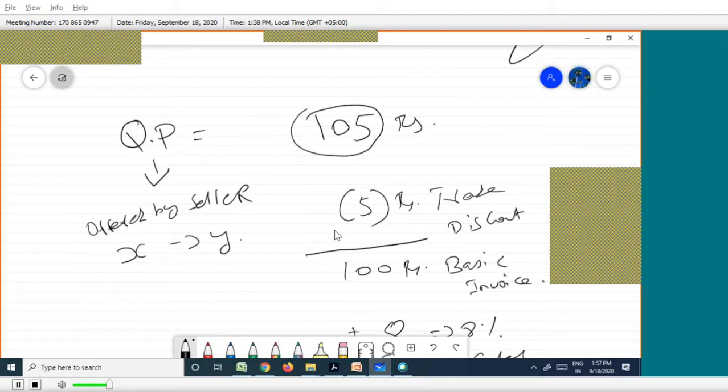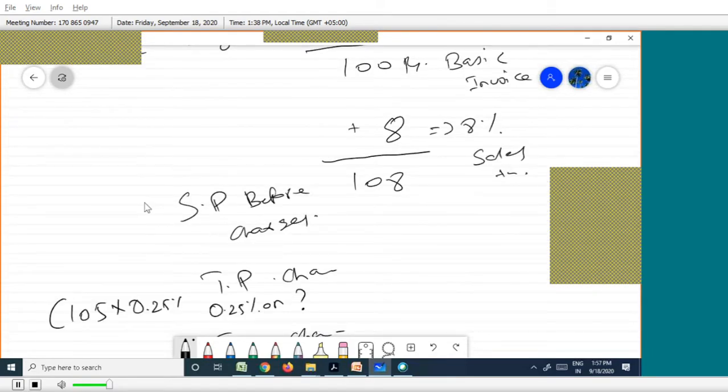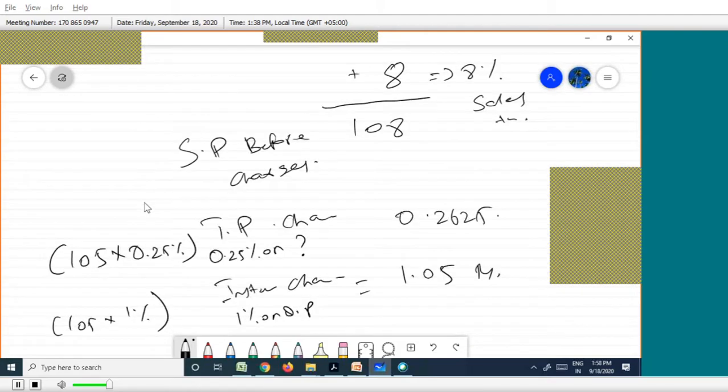The same logic we have to apply for the present problem. How to do that? First step is the quoted price. We don't know it, we have to identify it. Trade discount is given.